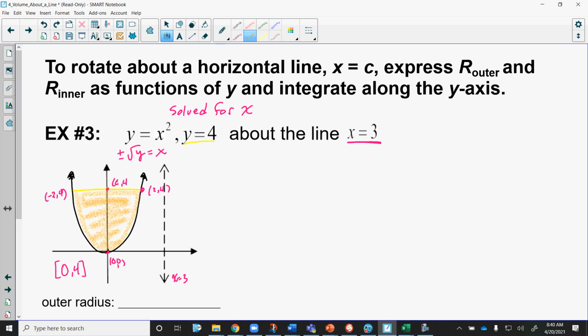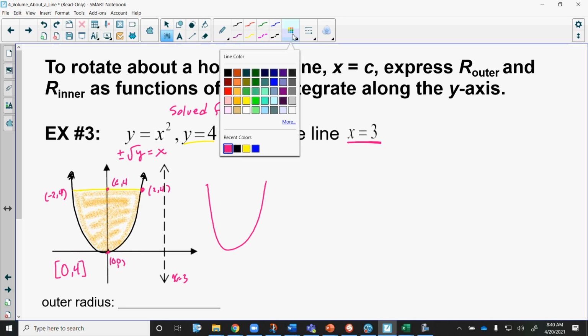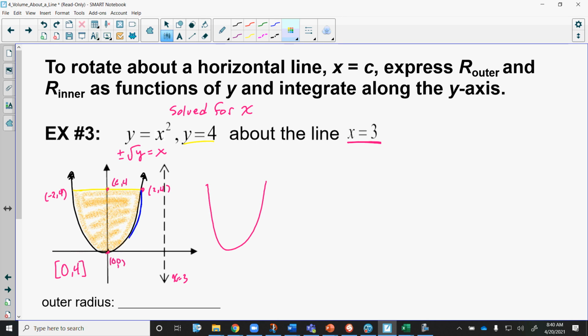That's what we're going to be rotating, and you can kind of see, hopefully, where the inner and outer radius is going to be. So the inner radius, you can kind of imagine, we're going to have something over here too, where this bit here and this bit here, those are going to be the inner radius.